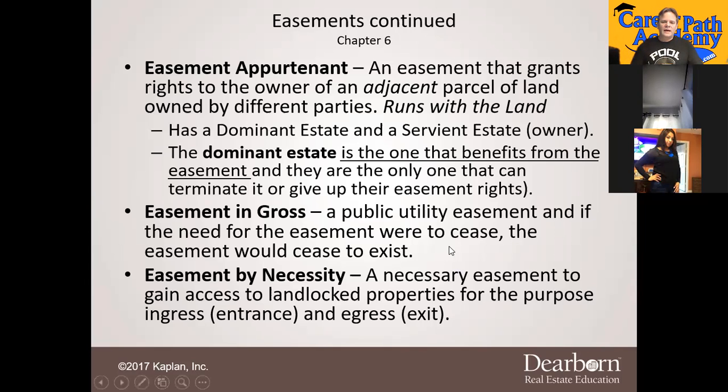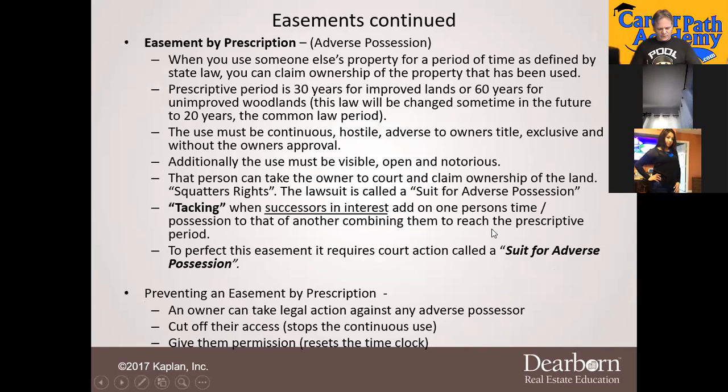All right. And an easement by prescription, we already spoke about this once before, when we were doing chapter 20. This one has to be perfected with a suit for adverse possession. It's when you use someone else's property for a period of time as defined by state law.